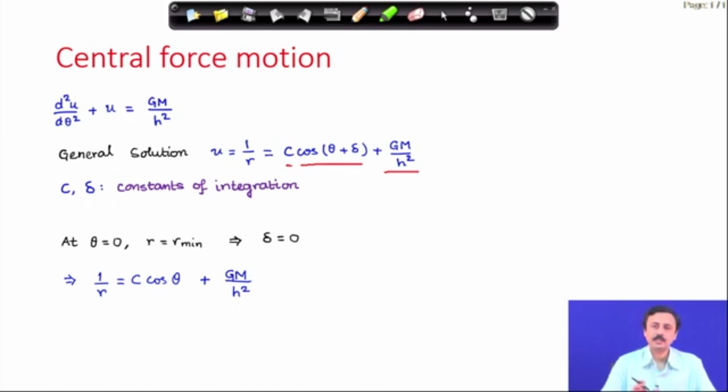That means it is the closest approach of the particle to the gravitating central mass. This simplifies the solution form, because delta becomes 0. Therefore, our solution now becomes quite simple: 1 over r is c cosine theta plus g m by h square.